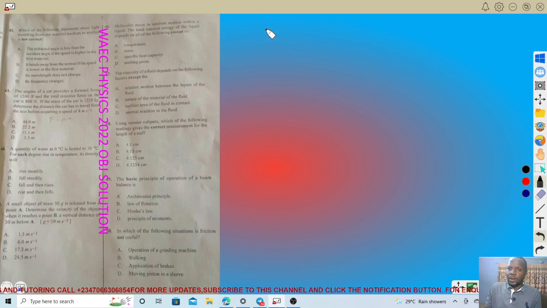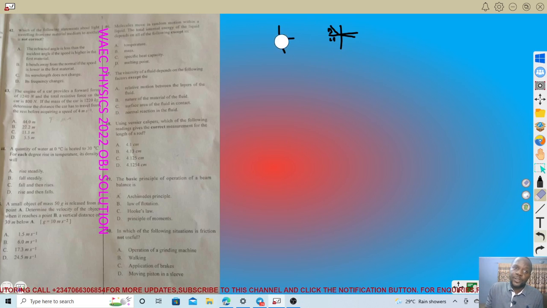So if you have a ray traveling from air to water, you can see it bends towards the normal, from a less dense or rarer medium to a denser medium. These are basic concepts. If it is from a denser medium to a less dense medium, the ray of light bends away from the normal. All these you have learned. So that statement is also correct. They said the one that is not correct.